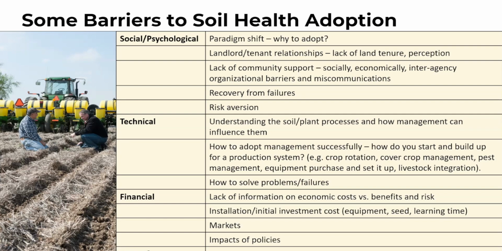Having a messy cover crop out there when you're used to having a clean tilled field, that perception, even once a farmer is there and understanding why to adopt, they might still be hampered by the perception by their landlord or by the perception of the community, right? Is that community supportive? Do they have the economic support to start getting into this?